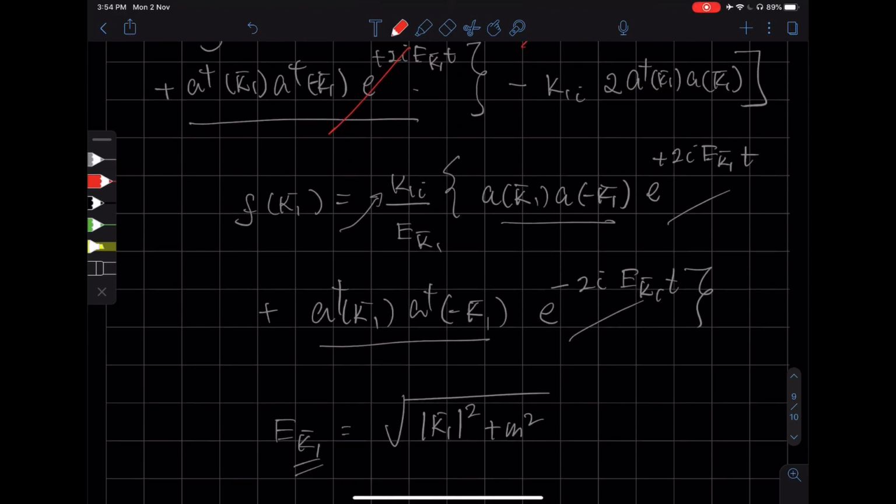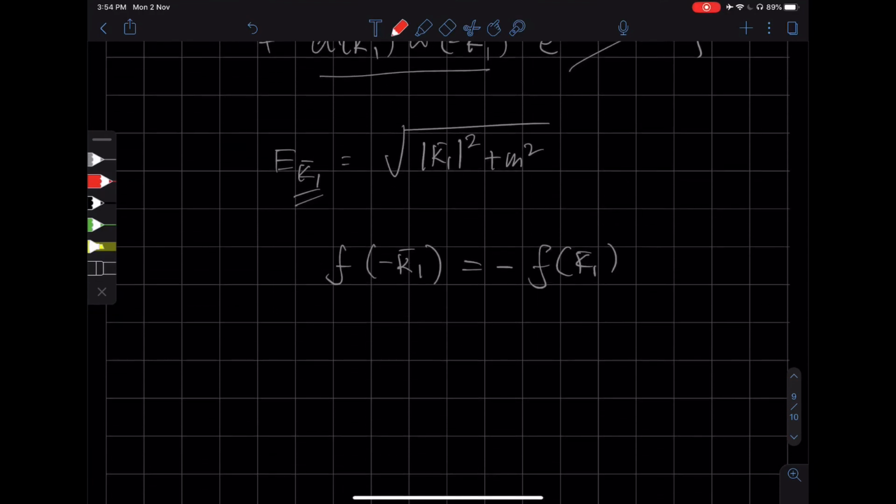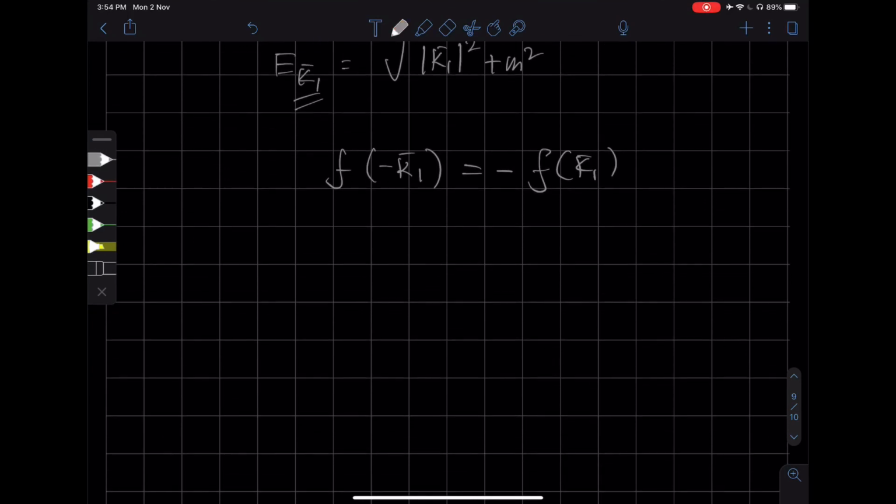So as a result, only this term survives, and we can write the final result as our quantum P i is going to be given by the integral d cubed k.